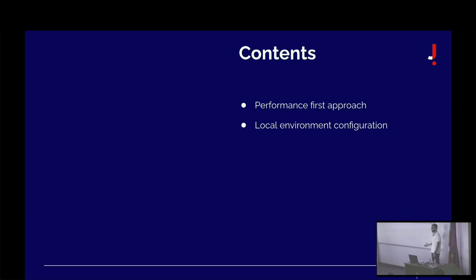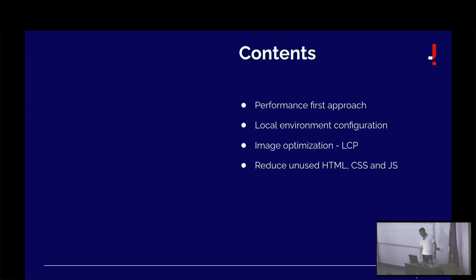Let's see what we're going to cover in the presentation. A bit of theory about what a performance-first approach is, and how we should first set up our local environment in order not to test on production. We don't want to test on production directly, and we need to be as close as possible to production. How we can optimize our images and the Largest Contentful Paint Core Web Vital.